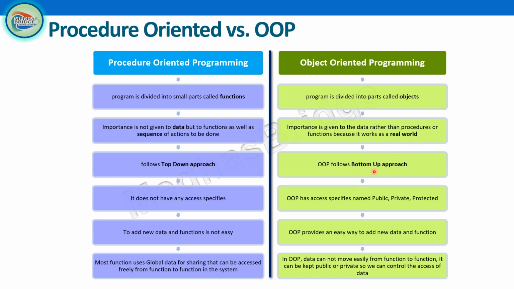OOPS follows a bottom-up approach. OOPS has access specifiers called public, private, protected. OOPS provides an easy way to add new data and functions. In OOPS, data cannot move easily from function to function. It can be kept public or private so we can control the access of data.